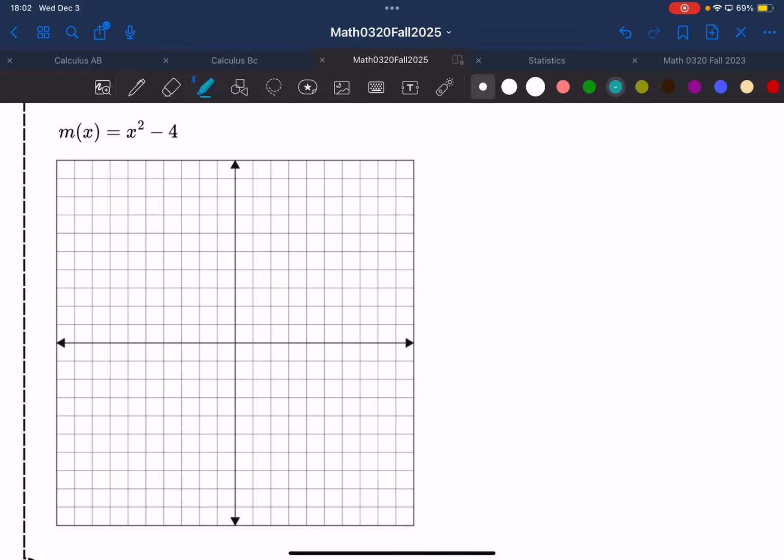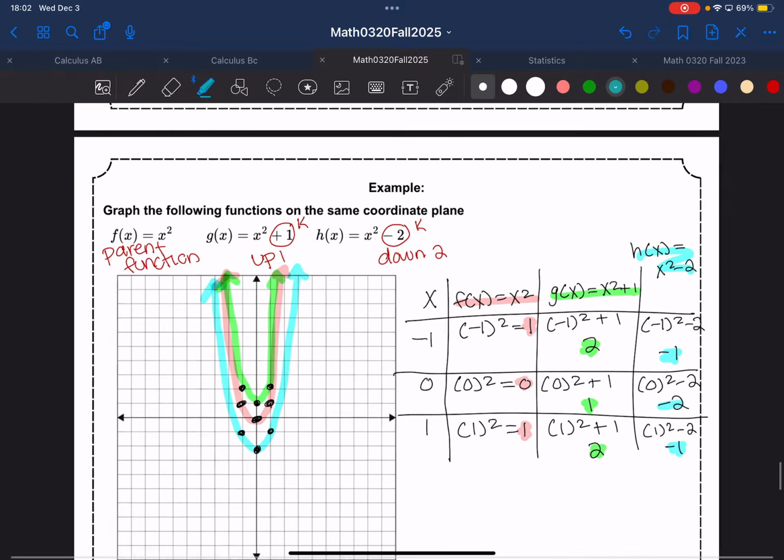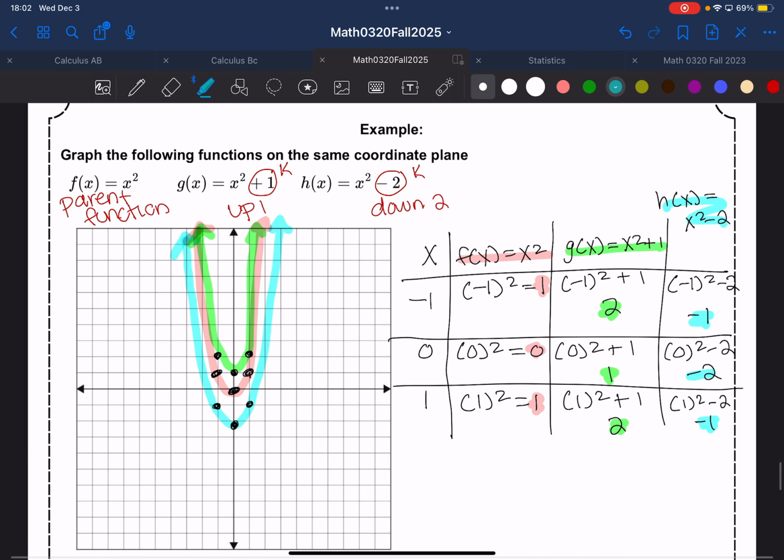Yes, could you go back up for 1 second? Yes, here we go. So if you want to try the next one, while we wait, we're just graphing that one equation. And you're going to notice that when we plot those points, your parabola should be going up or down? Down.